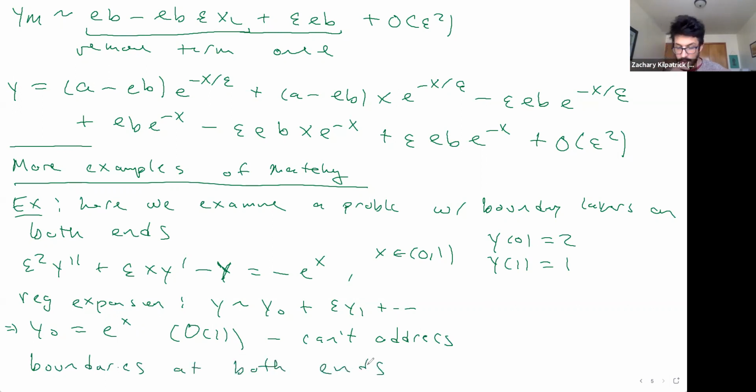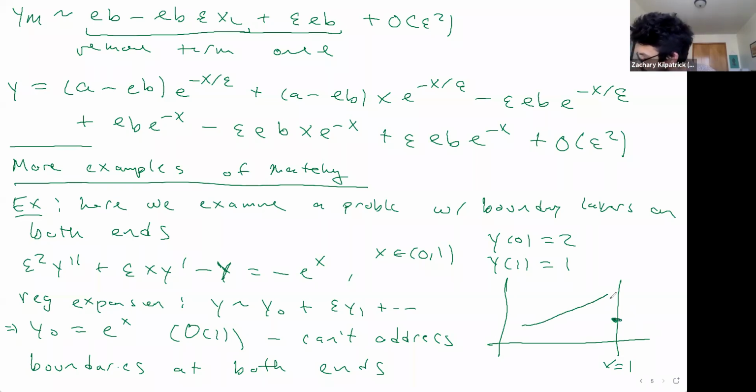Whereas in the last problem that we looked at, we could at least address the boundaries at one of the ends, here we don't have a free coefficient. So as we draw this, there's a boundary here that we're going to need to address, and there's a boundary condition here that we're going to need to address in order to match everything up.